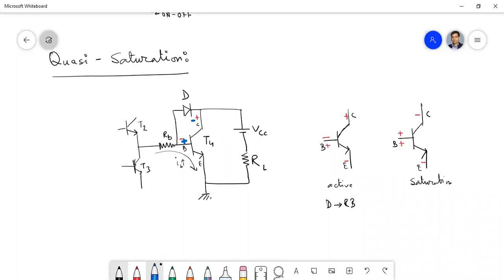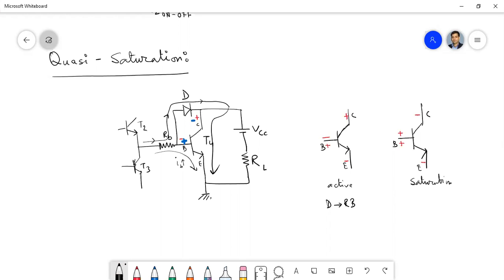That means the base current, which was flowing when the diode was reverse biased in the active region, will now be bypassed through this low resistance path. Therefore the base current will not increase. Not only that, the base current will try to reduce.